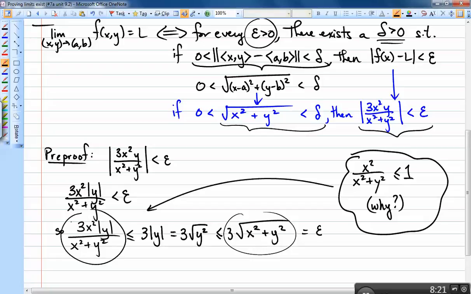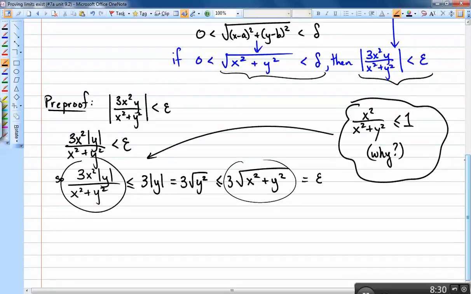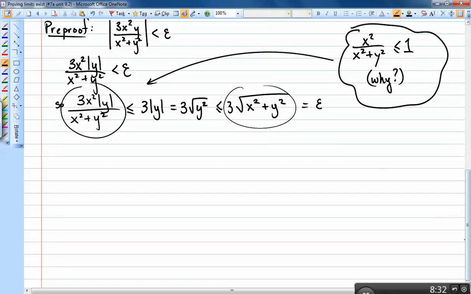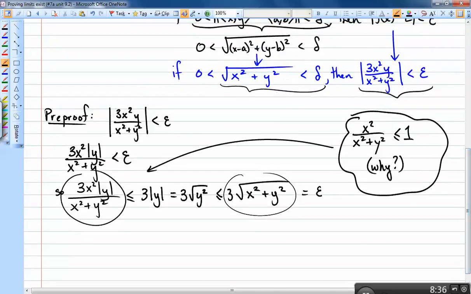Okay. So in class we were kind of stuck as to how do I get rid of the equals sign and just make it less than, but that'll fall out as we keep going here. So at this point now, let's look back up here. I've got something related to this. I've got my square root x squared plus y squared, but times 3.